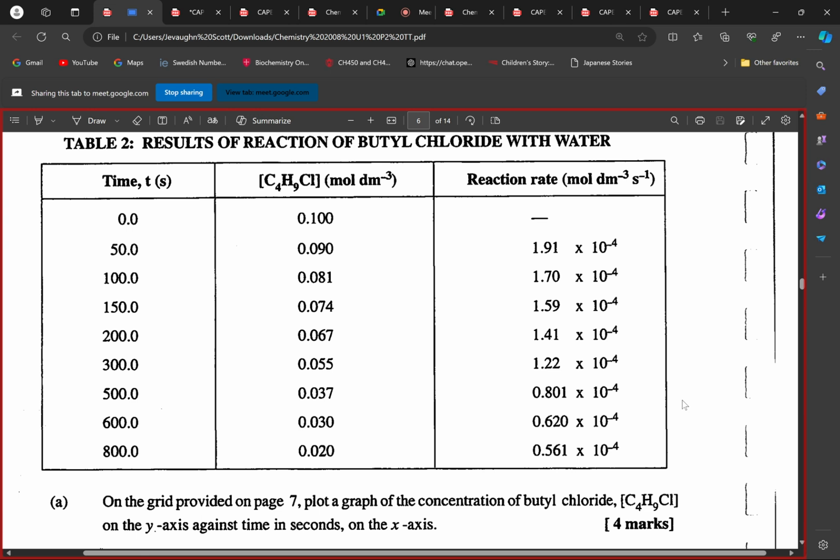Are you guys confident in plotting graphs? That's fairly straightforward, isn't it? Is it not?